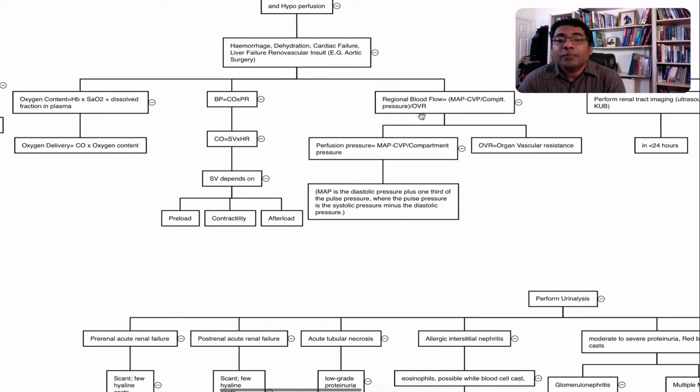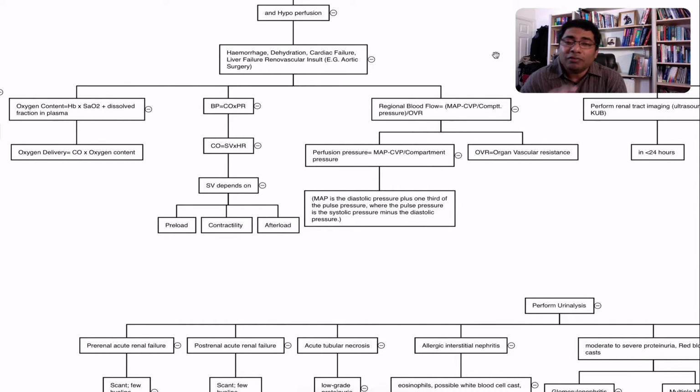Not only that, even if you optimize the central oxygen delivery, the blood pressure and the cardiac output, it doesn't guarantee that blood flow will reach the kidneys or peripheral organs, because the regional blood flow is dependent upon the mean arterial pressure minus central venous or compartment pressure, divided by the organ vascular resistance.